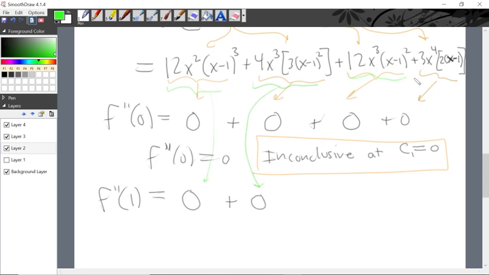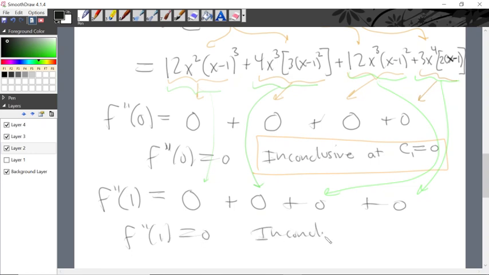This group here, factor of x minus 1. This group here, factor of x minus 1. So each of those are going to equal 0. So f double prime of 1 equals 0. So the second derivative test is inconclusive when c2 is equal to 1.